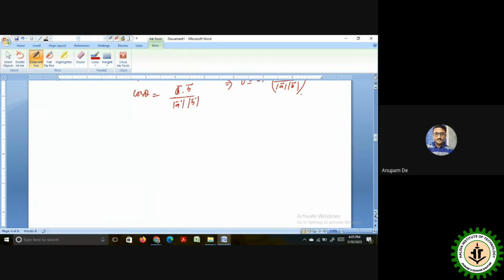Find in which direction the directional derivative is the maximum, and what is the maximum value of the directional derivative. So these are all different types of problems that you are going to encounter here. Is that clear?